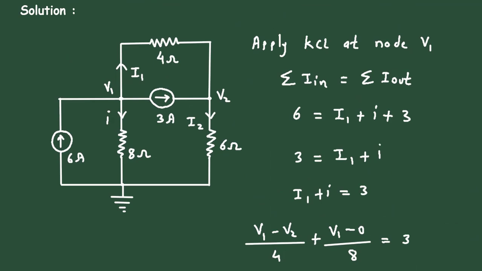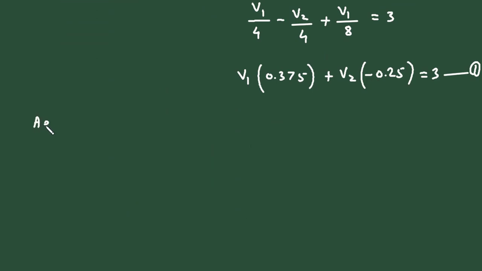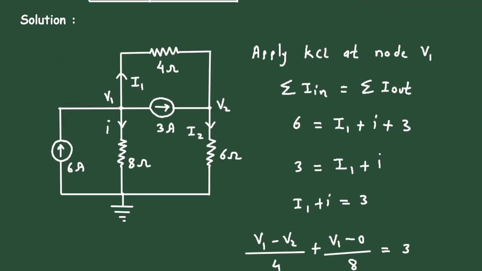Next we will apply KCL at node V2. According to KCL, again, summation of all the currents entering a node is equal to summation of all the currents leaving the node.